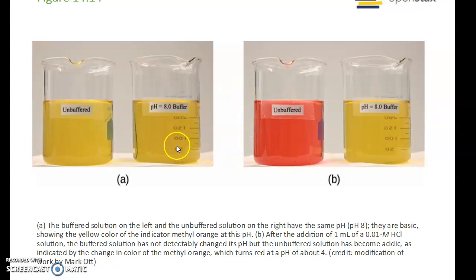But you're adding the same amount to this one, and it shows very little change at all, right? This is the methyl red, it turns red at a pH of about 4. So this has gone from a low value really up quite high, okay, with just the addition of 1 single milliliter. That's the advantage of a buffered solution.